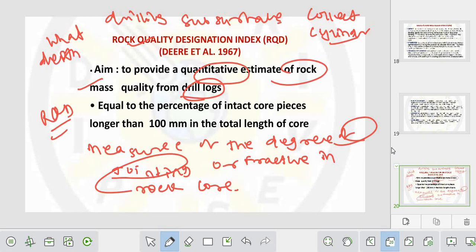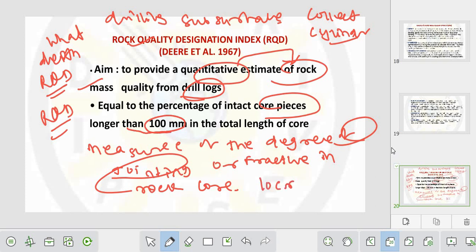So based on this we measure the RQD, okay, to provide a quantitative estimate of rock mass quality from the drill log. ठीक है, it is equal to the percentage of intact core pieces longer than 100 mm, that is 10 centimeter, that is 4 inch, to the total length of core.